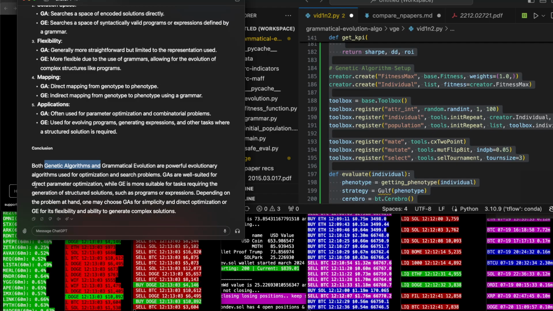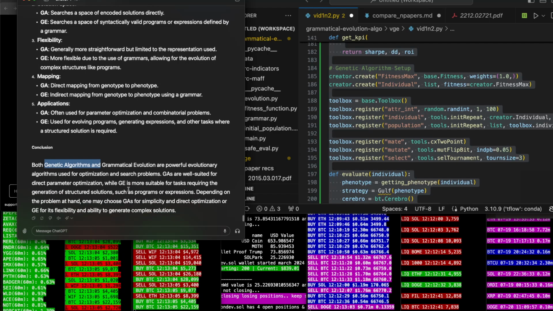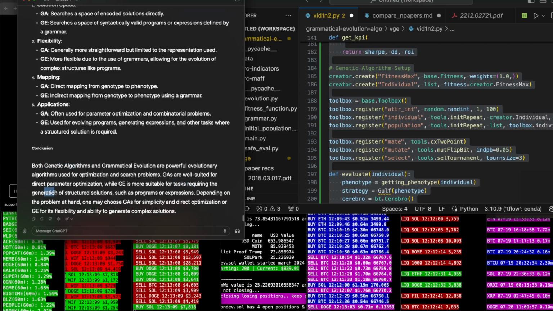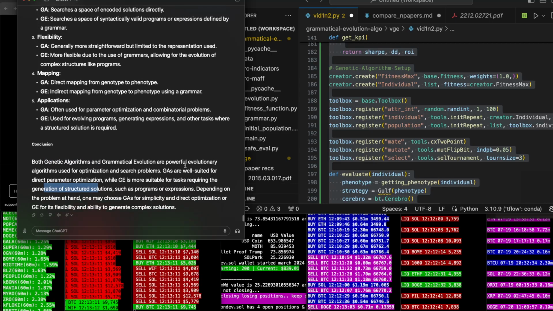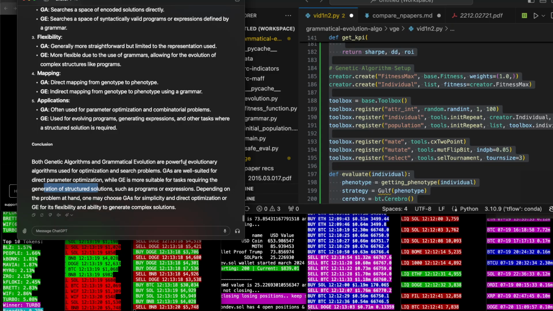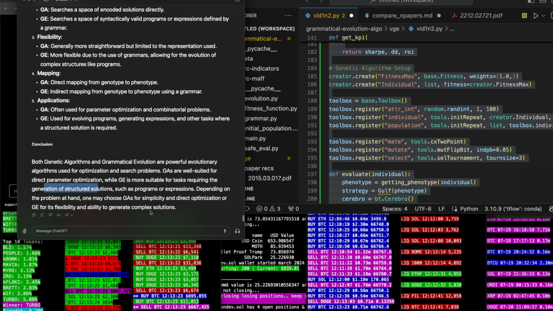GAs are well suited for direct parameter optimization, while GE is more suitable for tasks requiring generation of structured solutions such as programs or expressions, depending on the problem at hand. One may choose GAs for simplicity and direct optimization, or GEs for their flexibility and ability to generate complex solutions.